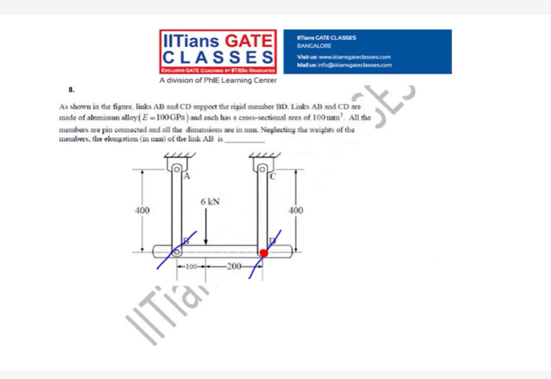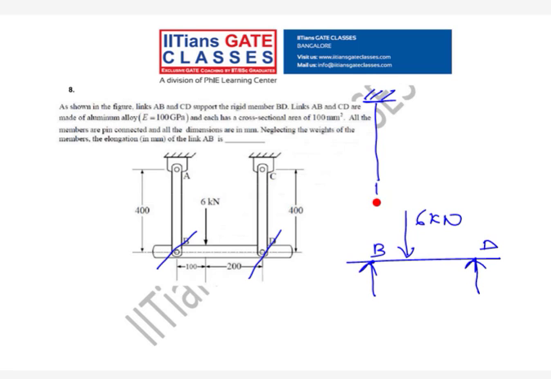You will see this is my link BD. This is my B and this is my D. Suppose my reaction here I am taking upward, and there is a load applied which is downward. It is 6 kilonewton. Now the other part, if you draw, will be like this.